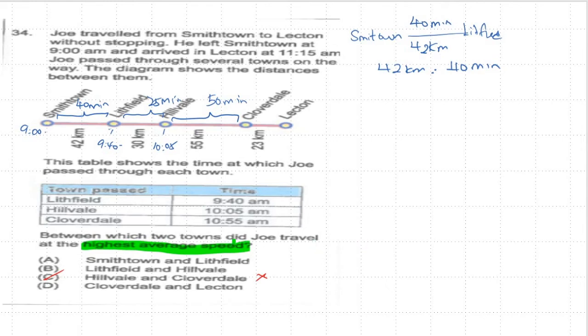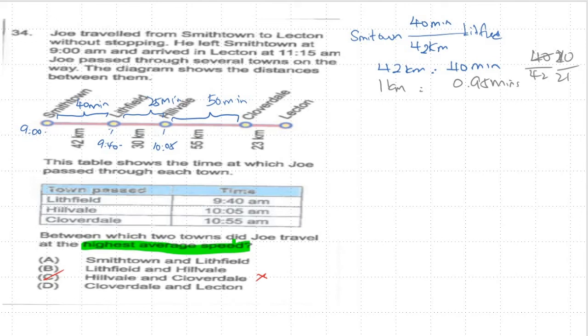So I can do it like that. I want to know, for 1 kilometer, how long I take to travel. So I can do 40 divided by 42, which is 20 divided by 21, about 0.95 minutes, less than 1 minute.